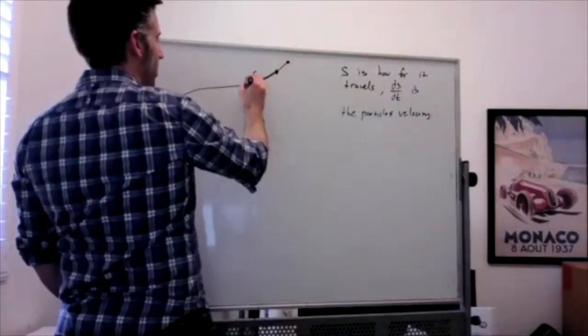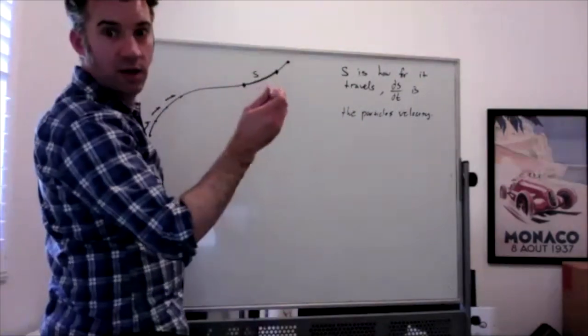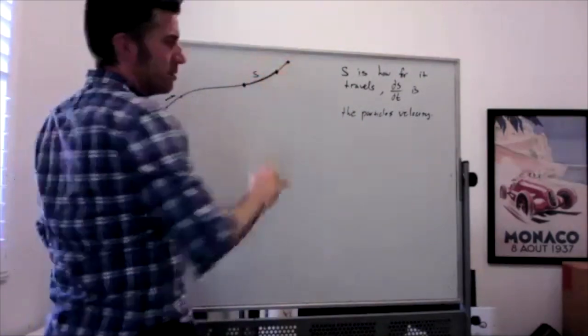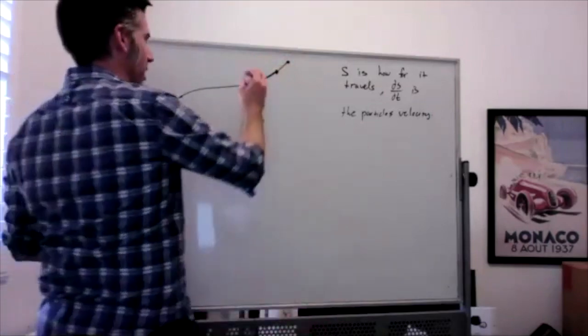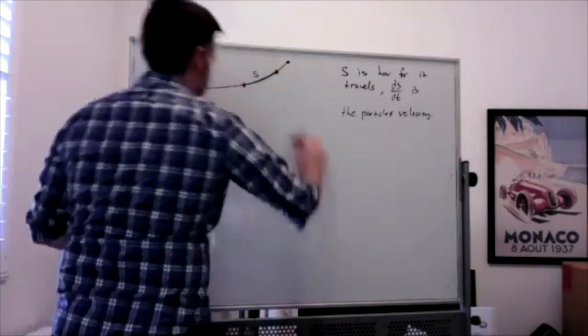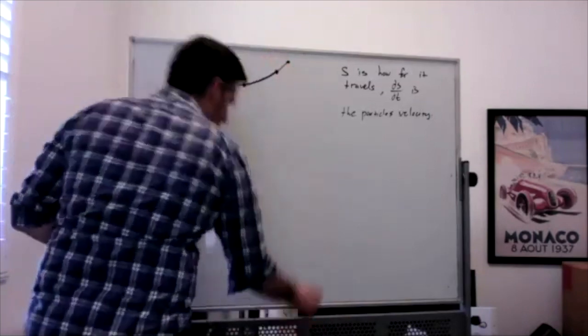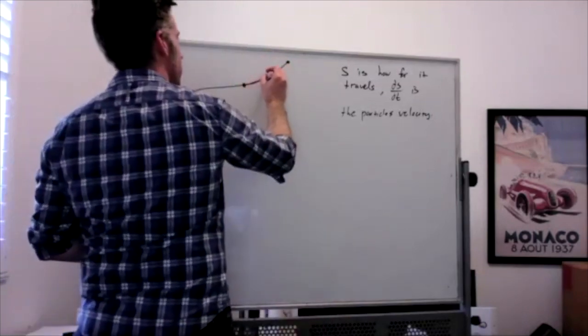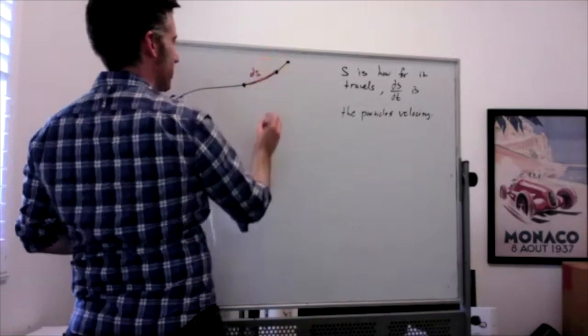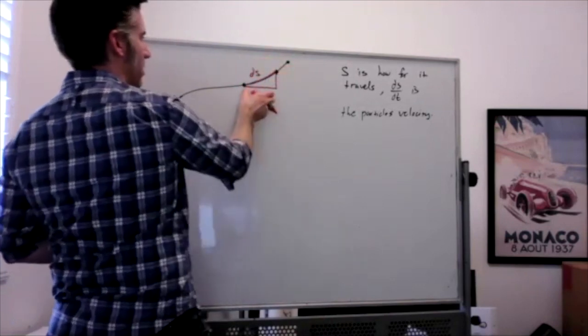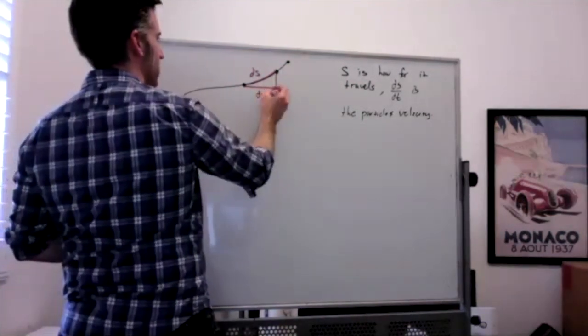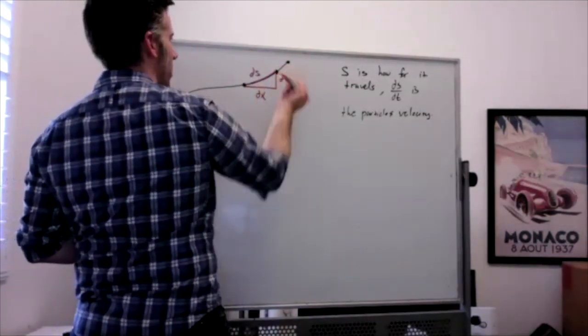I'm going to call this length ds, because it's a small change in s. What I'm going to do is pretend it's the hypotenuse of a triangle, where this part here is dx, and this part here is dy.